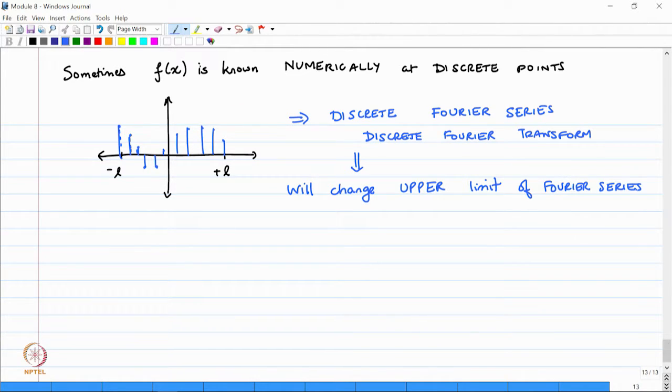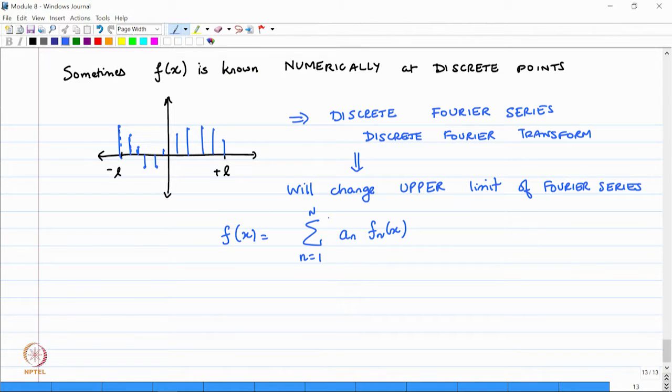So what I will get is, I can write f of x is equal to sum over n from 1 to N of a n f n of x.